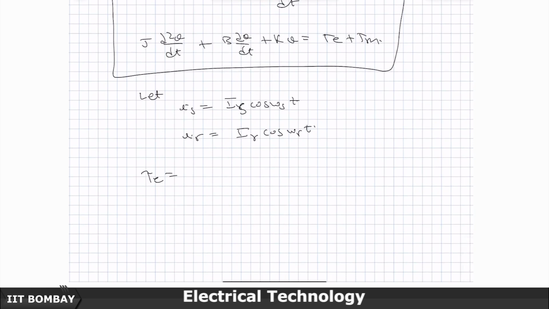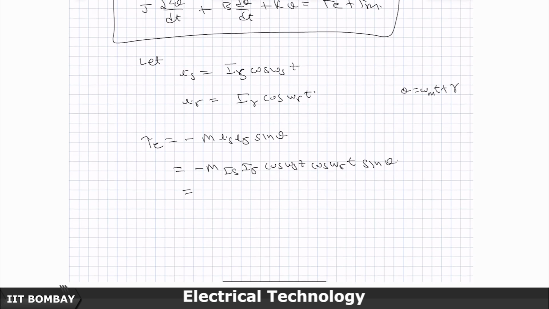Substituting, minus m Is Ir cos omega s t, cos omega r t and sin theta, where theta is omega m t plus the initial angle gamma. So, I can write the electromechanical torque like this.